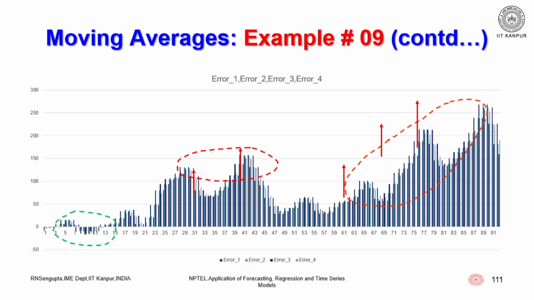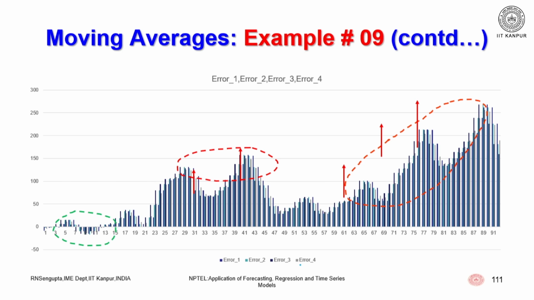So, even though they are all too cluttered, please excuse me, the coloring scheme which I have used is: the dark blue one is for error 1, which is for 3MA1, the light blue one is for 3MA2, the black one is for 3MA3 and the gray one is for 3 cross 3.